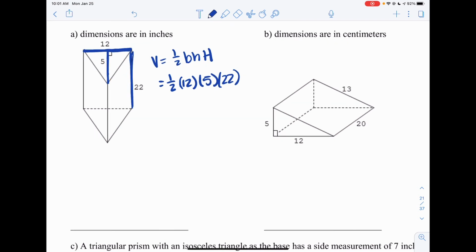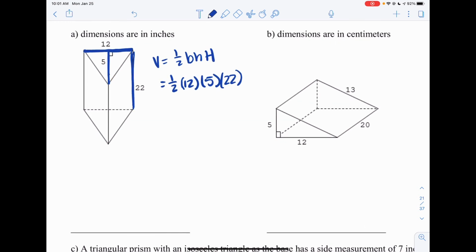Now, we're dealing with an isosceles triangle, just in case you didn't see. So this is an isosceles. My next step, what I like to do first, is multiply my whole numbers before I multiply that 1/2. So I have 1/2, and then 12 times 5 times 22 is equal to 1,320.